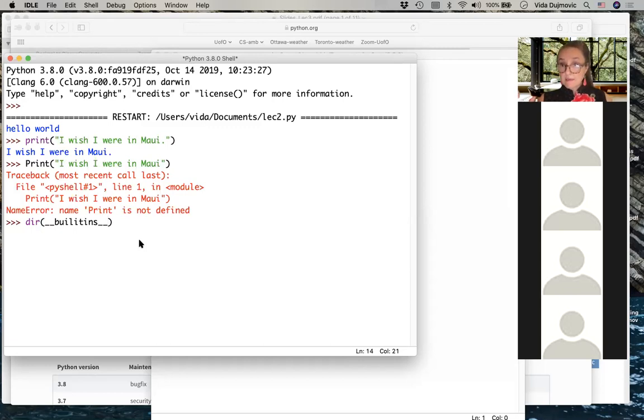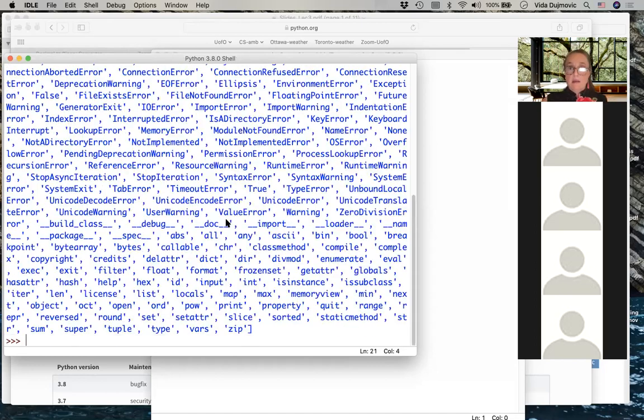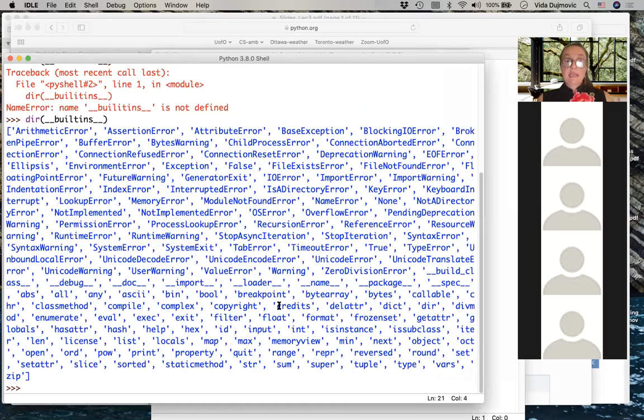You put that in the parentheses. So two underscores, built-ins, two underscores, and you press enter. It looks like I misspelled something here. Underscore, underscore, builtins, I misspelled it. Okay, and now it tells you, here it is. It looks big, but actually it's not. That's it.